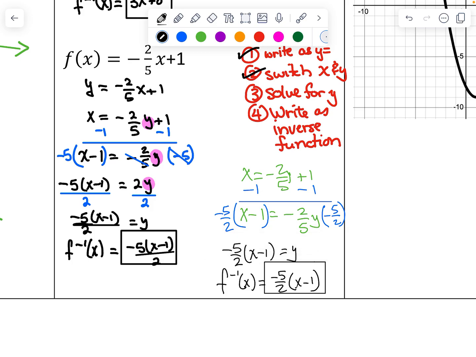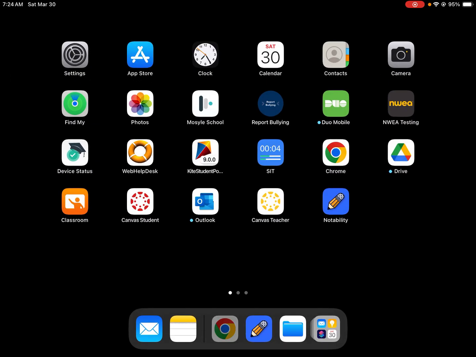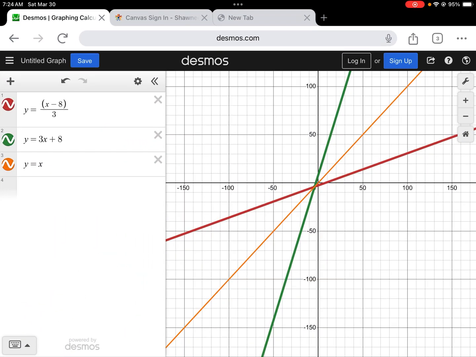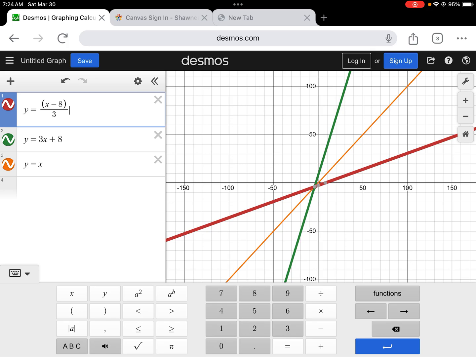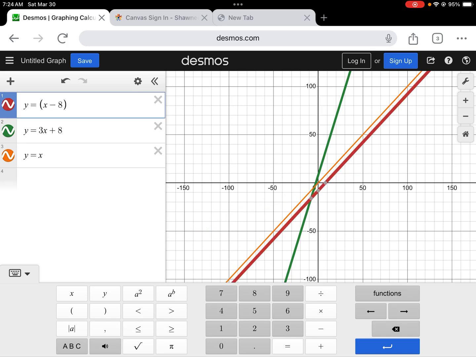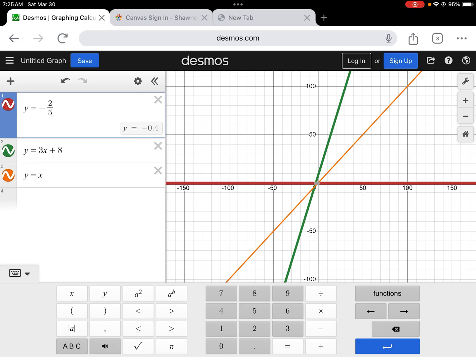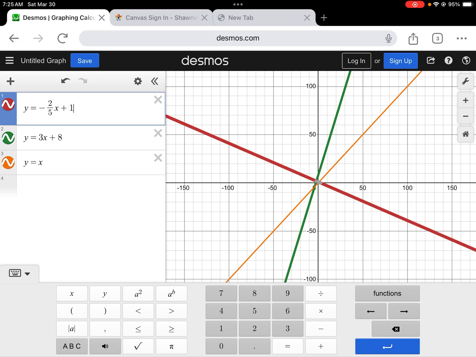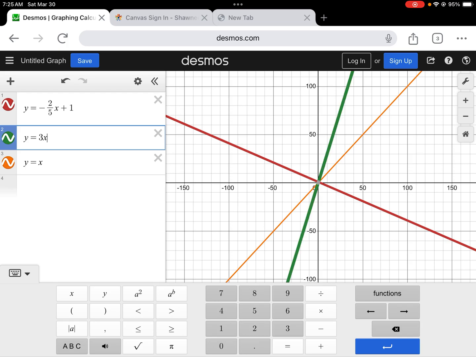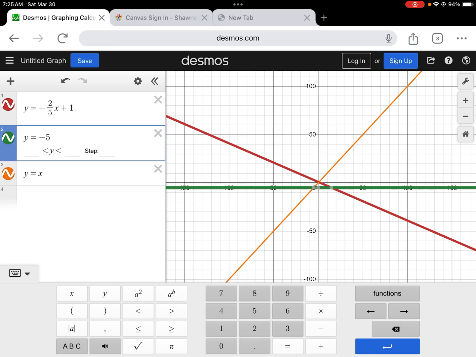Let's look at it. Negative 2/5 x plus 1. So if we go to Desmos, negative 2/5 x plus 1. It was a fraction. Negative 2/5 x plus 1. And we changed it to negative 5 halves.